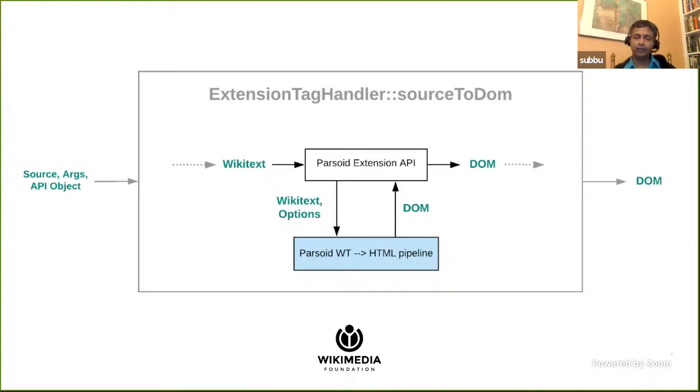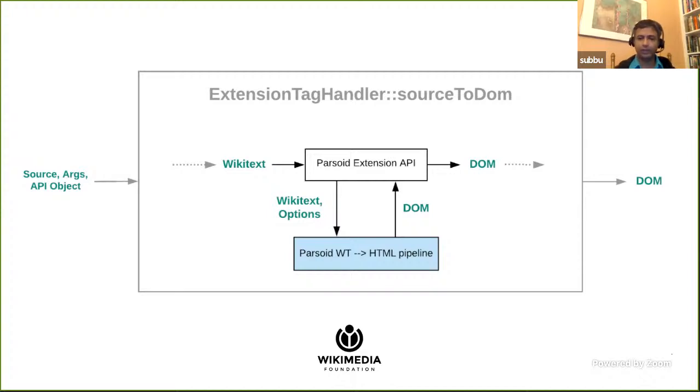And this extension API object takes your wikitext and spawns an entirely new Parsoid pipeline. To reiterate, note that it's an entirely fresh pipeline, which means that it is parsed as if it's a top-level document. It's completely processed. There is no notion of partial processing. There is no notion of only selective passes. So it's the entire pipeline.